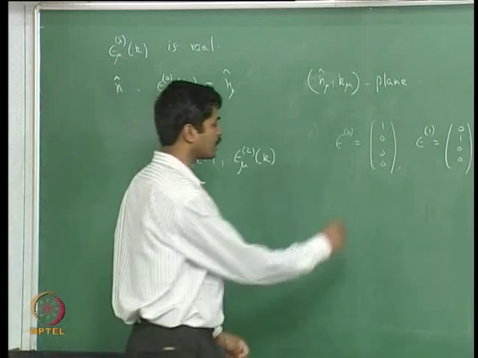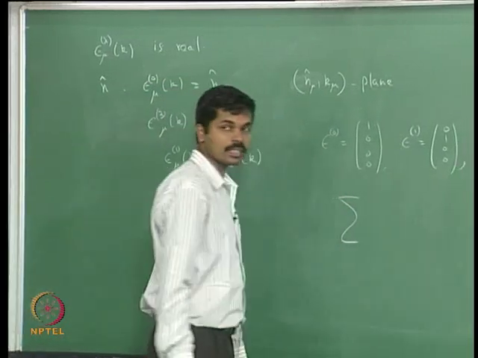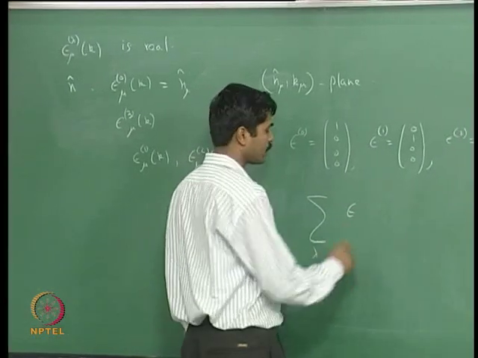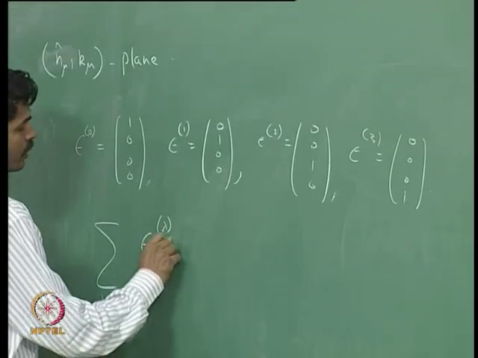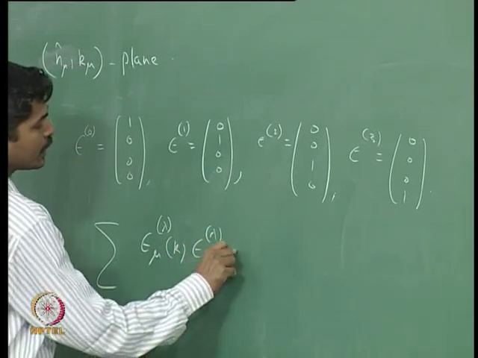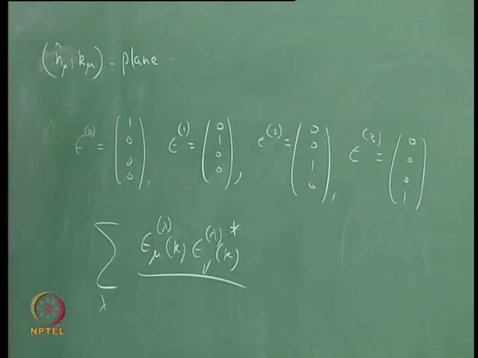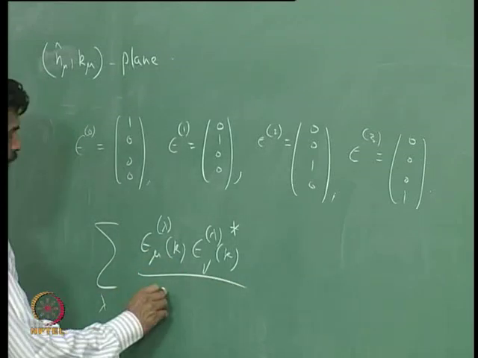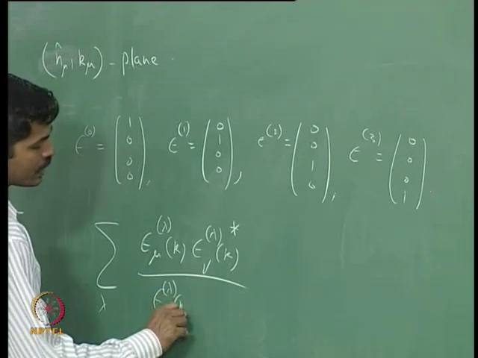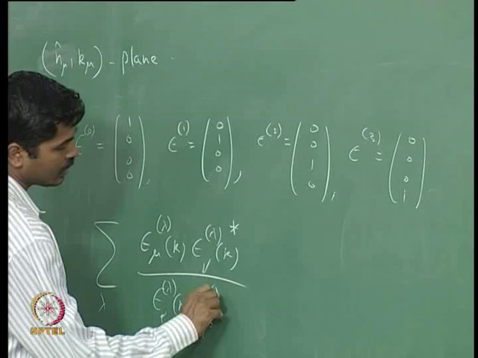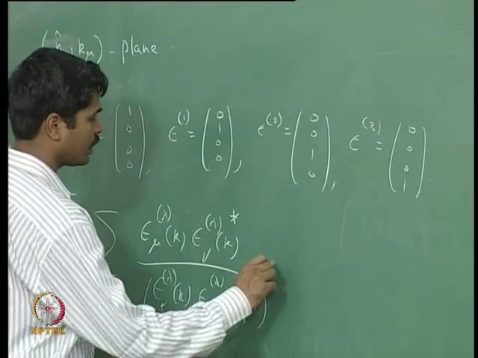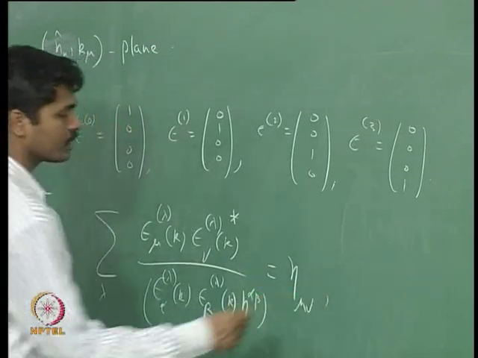In general, they will satisfy this equation: the sum over lambda of epsilon lambda mu of k, epsilon lambda nu of k star, and you do not even have to choose them to be real, epsilon alpha lambda k epsilon beta lambda k equals eta alpha beta. This is eta mu nu.